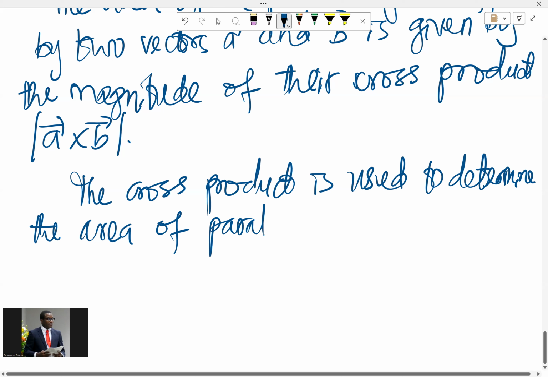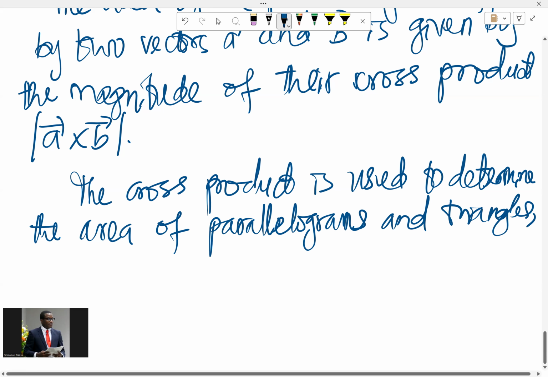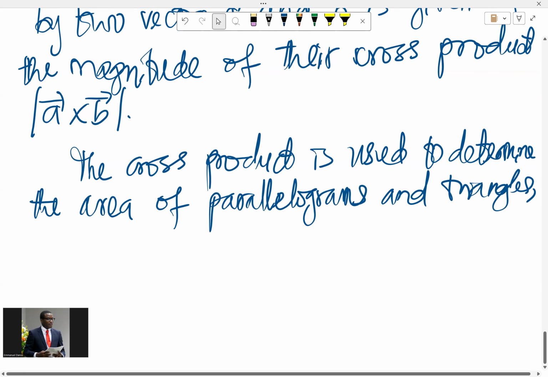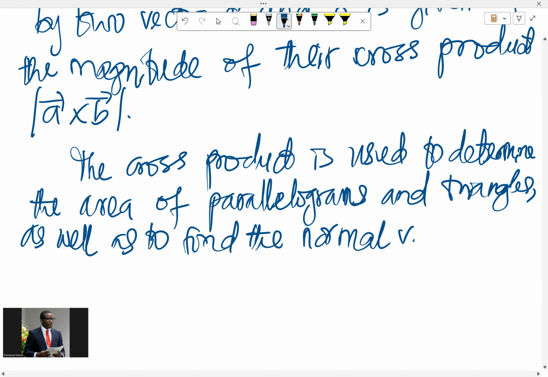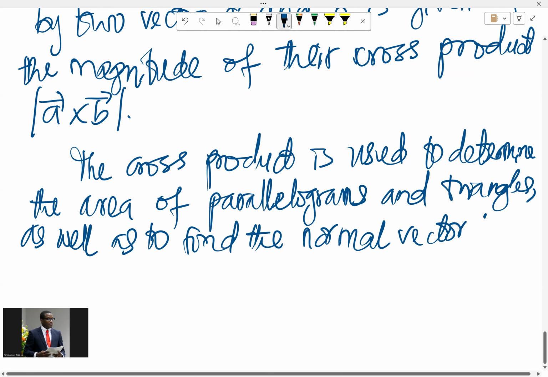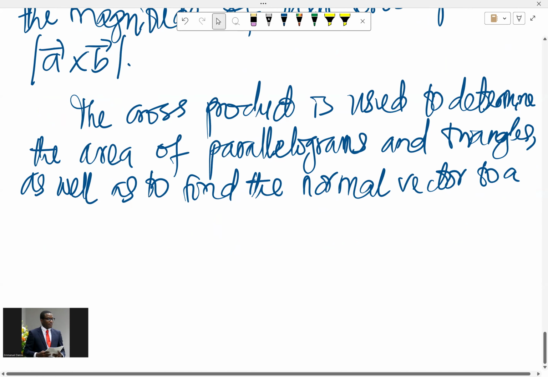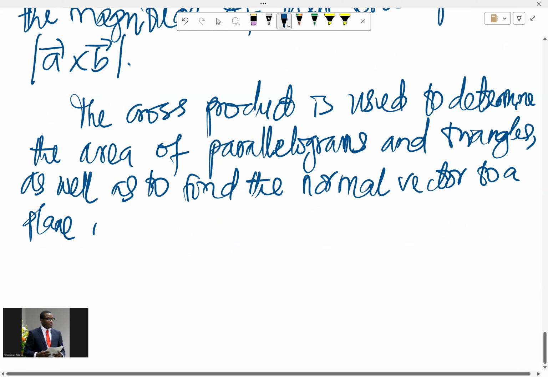We can actually talk about parallelograms and triangles as well as to find the normal vector to a plane in 3D space.